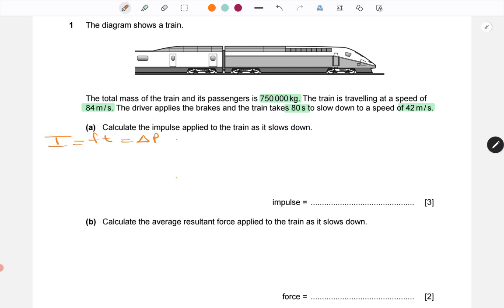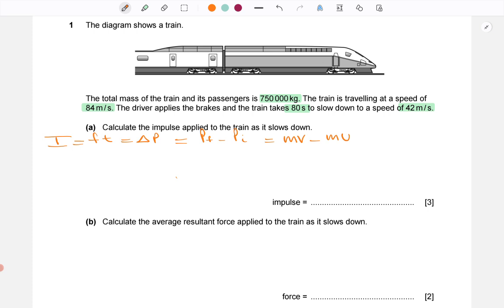Change in momentum means final momentum minus initial momentum, right? Because whenever you are finding a change, it is always final minus initial. So final momentum is mv and initial momentum is mu, because in the final momentum I'm using the velocity v, and in the initial momentum I'm using the velocity u.